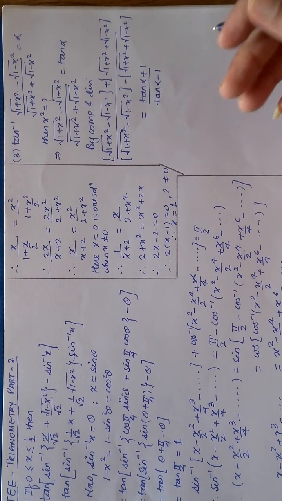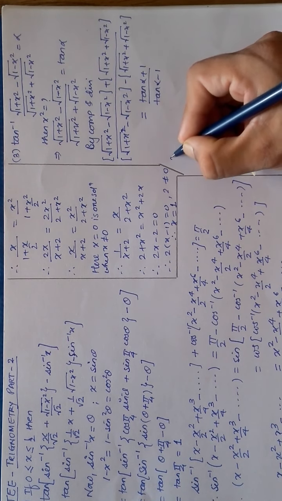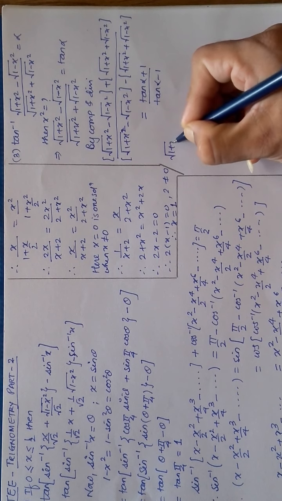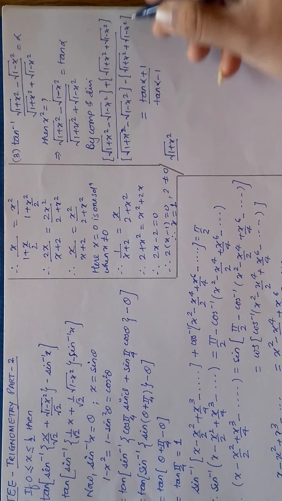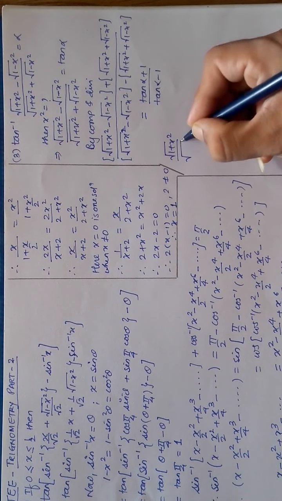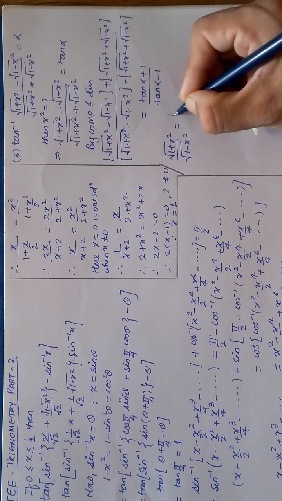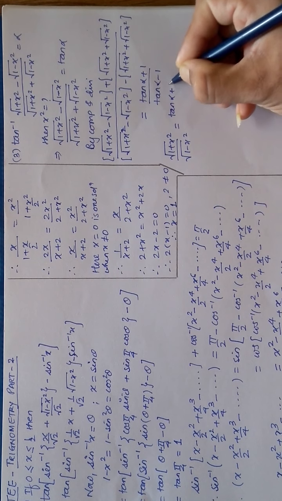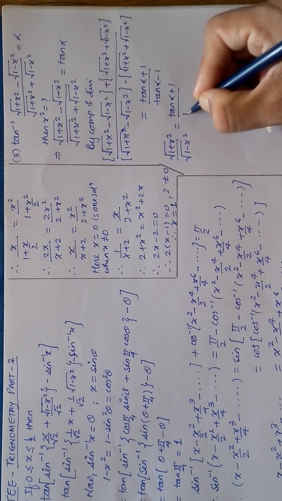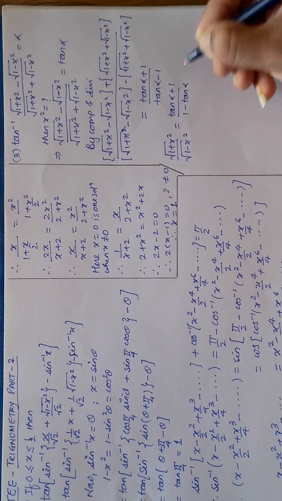So on solving this, you will get 2 times of this, which is nothing but only 1 time 1 plus x square, and this will become minus 2 times, which I am taking only 1 time, that is 1 minus x square, and removing minus sign by multiplying both sides by minus 1, I get tan alpha plus 1 upon 1 minus tan alpha. Okay.